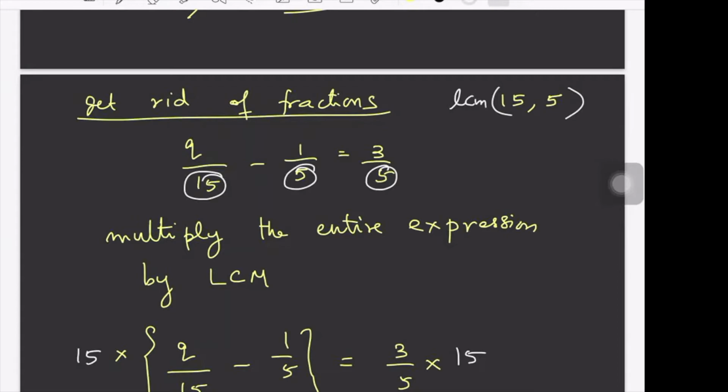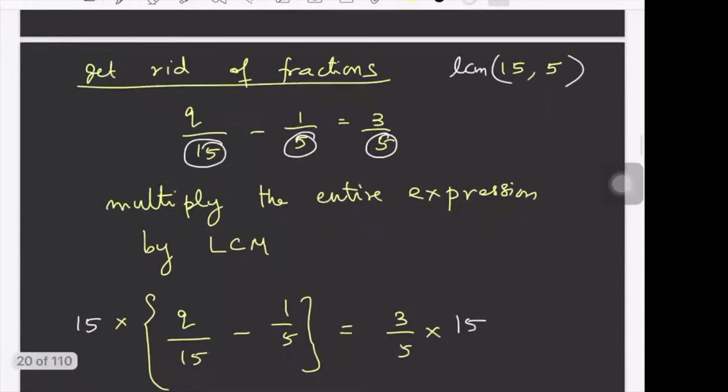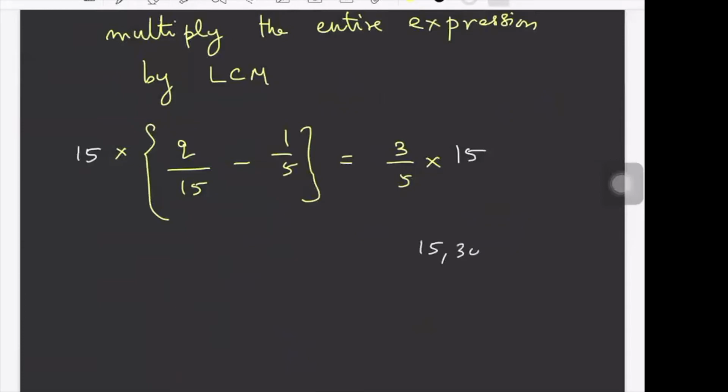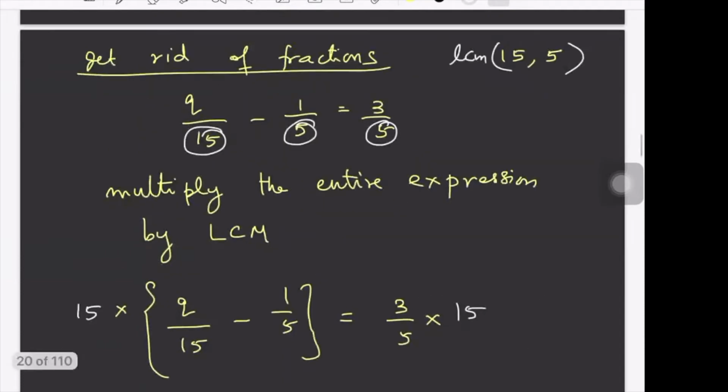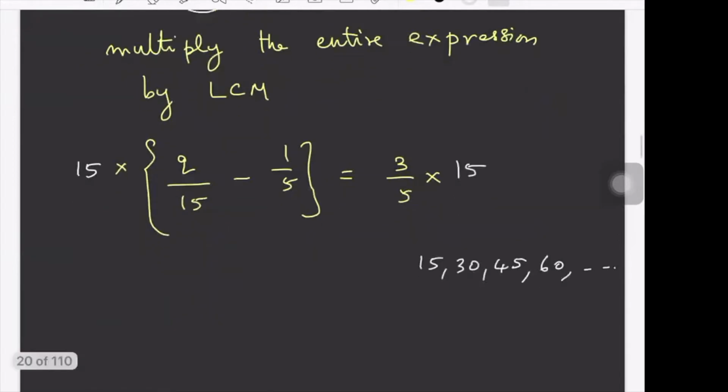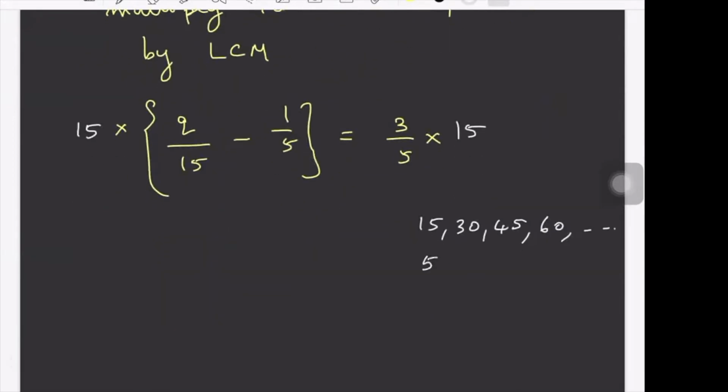So 15 and 5. What are the multiples of 15? Multiples of 15 will be of the form 15, 30, 45, 60, etc. What are the multiples of 5? Multiples of 5 will be 5, 10, 15, 20, 25, 30. Now we are looking at the common multiples of both numbers.